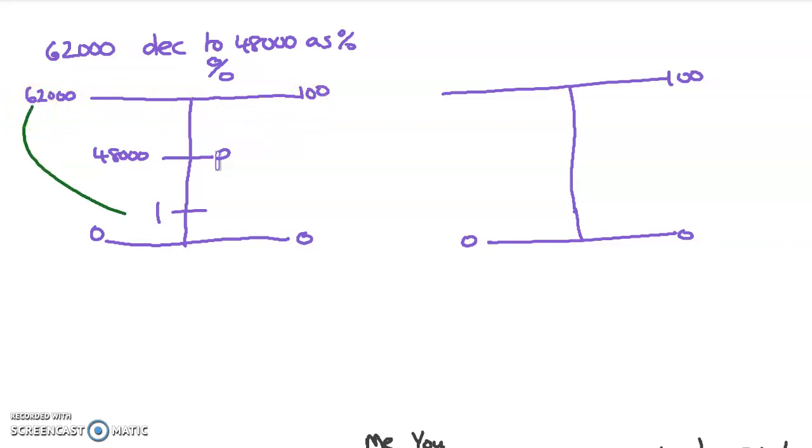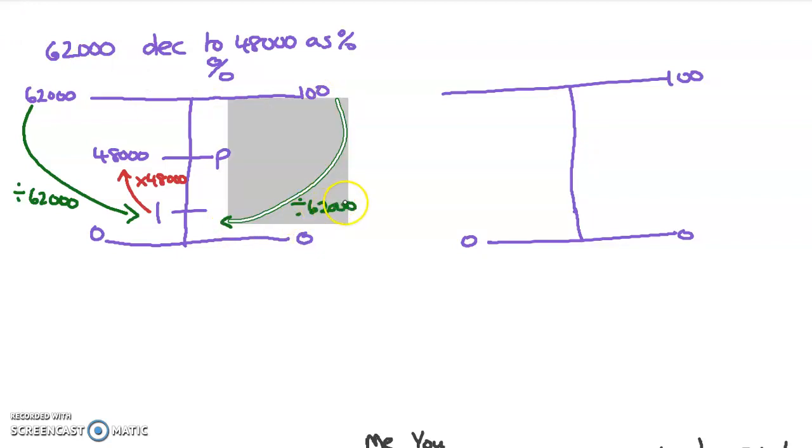How does $62,000 become $1? Well, it has to be divided by 62,000. How does $1 become 48,000? Well, it's multiplied by 48,000. So I'll do exactly the same over here, and put the last one in.